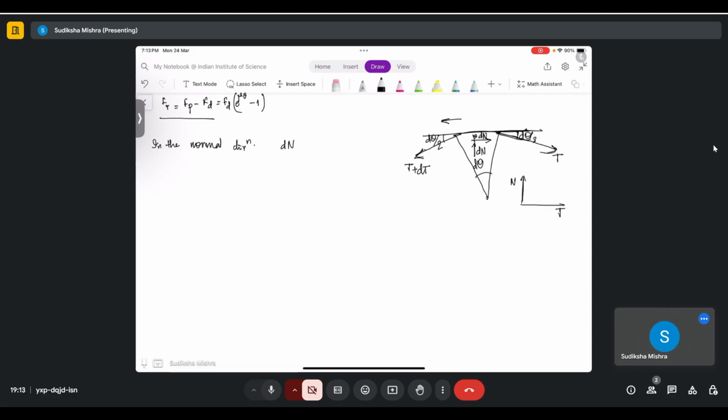in the normal direction, what forces do you have? You have dN, and you have these components of the tension.